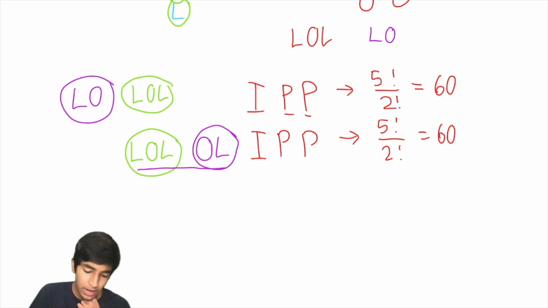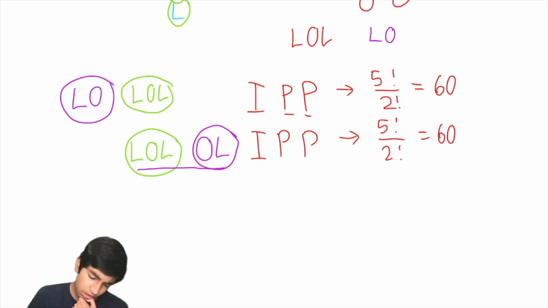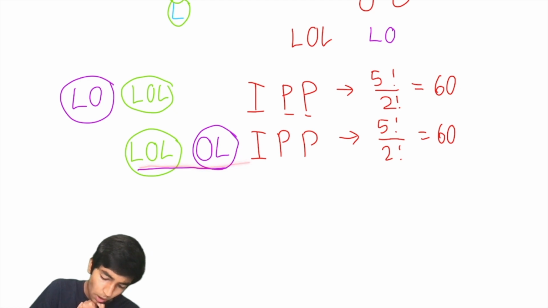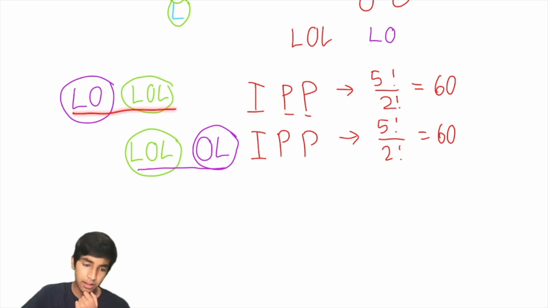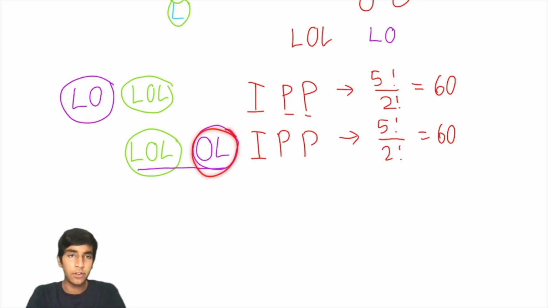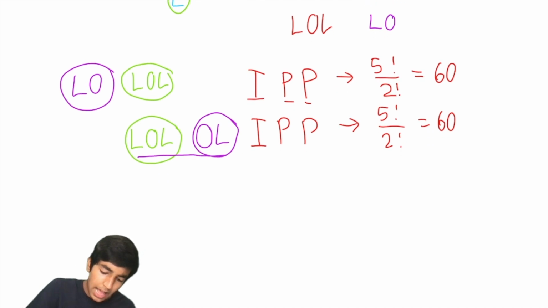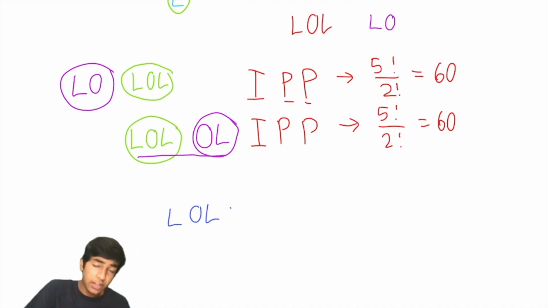We counted them as different ways because the purple part and green part were arranged differently. But they seem like the same thing. LOL, OL, LOL, except this part has LO as the first group, and this part has OL as the last group. Oh, so it seems like whenever we've got LOL, OL, the string together, we can break it up into the two groups as LOL and OL, or LO and then LOL.